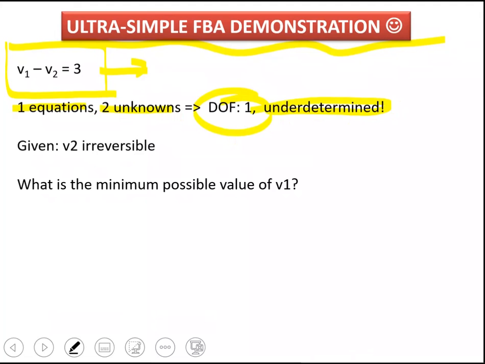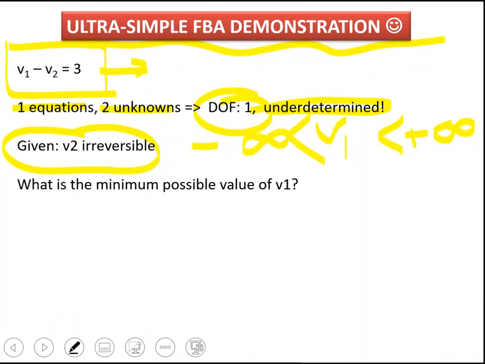And we are given that V2 is irreversible. So if we write the reversibility constraints, V1 is between plus infinity and minus infinity, because it's reversible. It can take negative values. And V2 is between 0 and plus infinity.